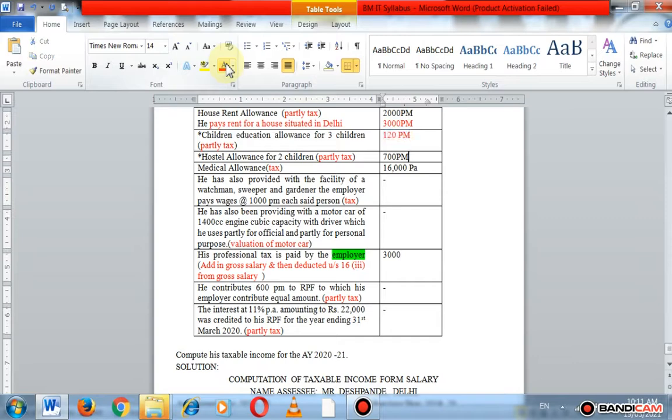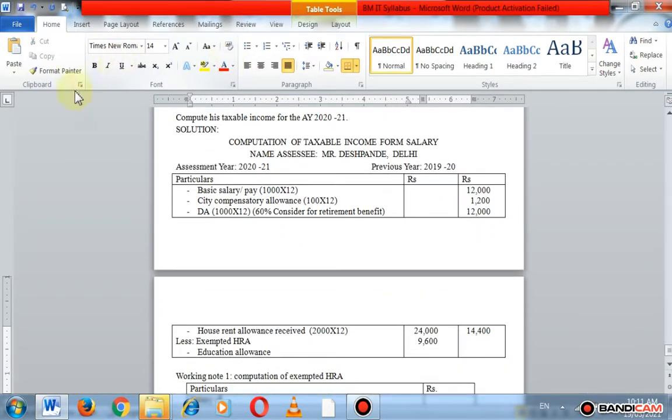So here the education allowance received is 120 per month. We compute it for yearly, multiplied by 12, and multiplied by 3 children. So the amount in the inner column is rupees 1,440.